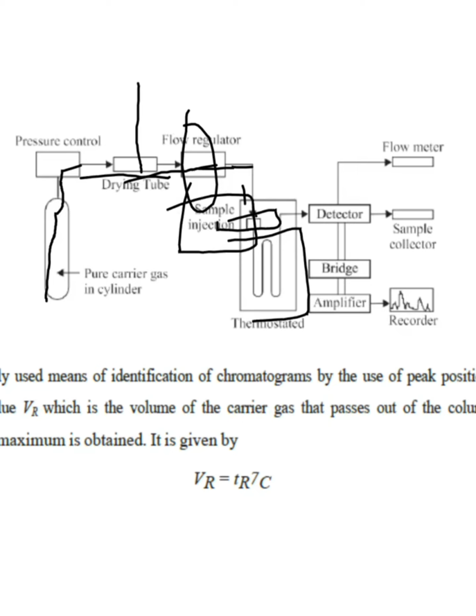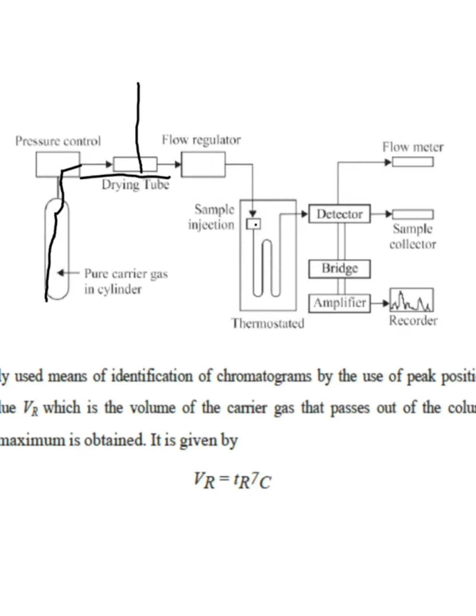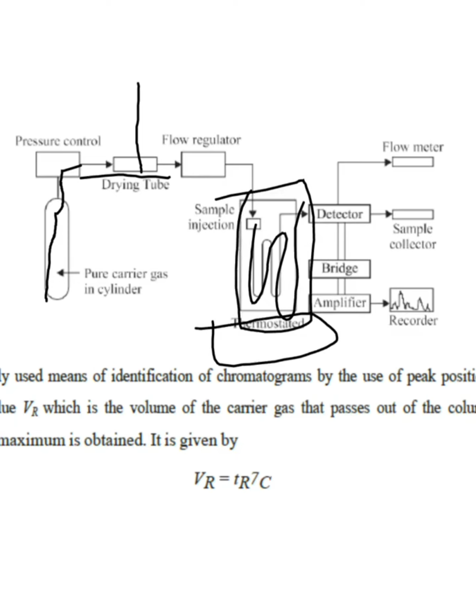This is known as the column. This is the column which is running, and it is kept in the thermostat. Why are we going to use a thermostat? To get a high temperature. Why do we need a high temperature?